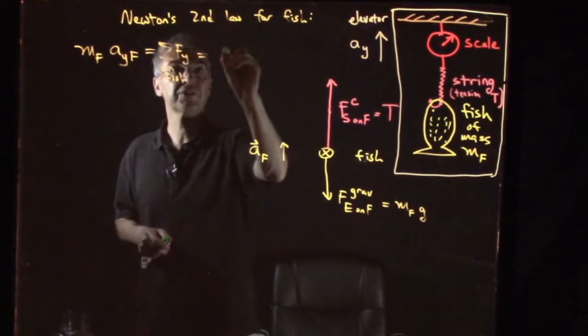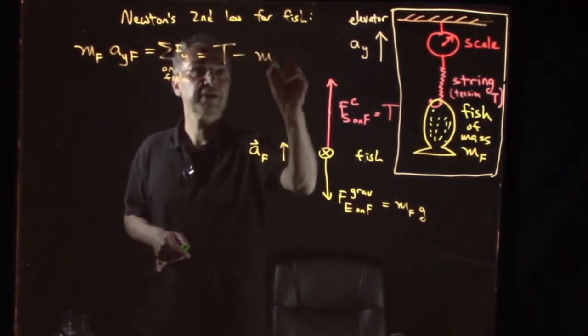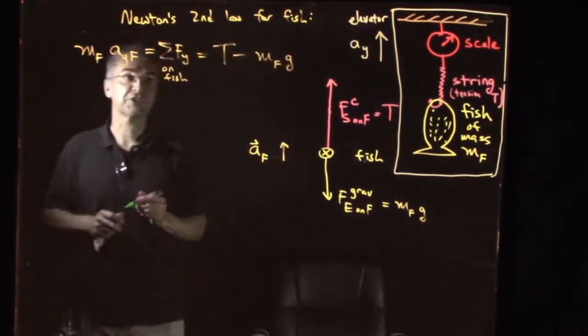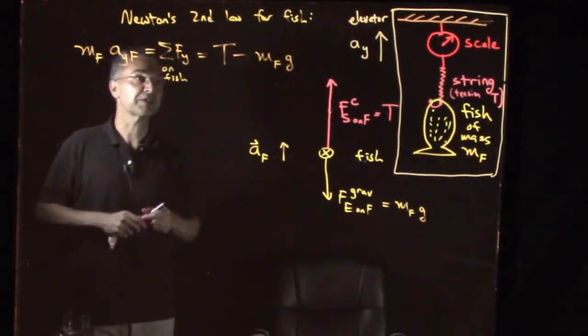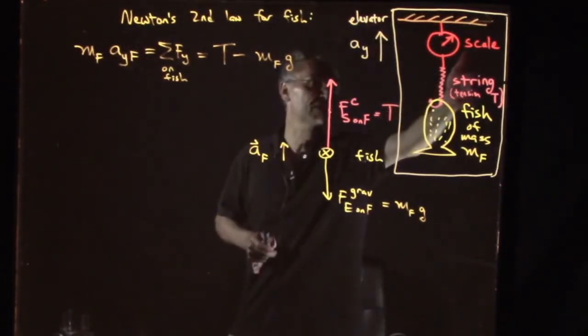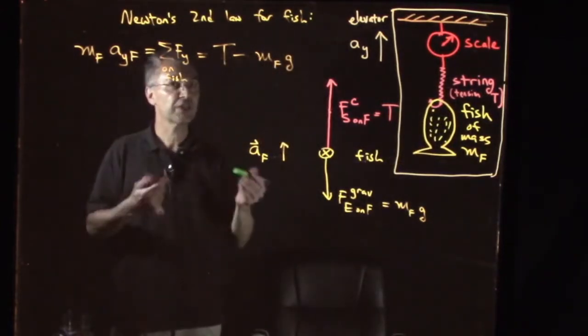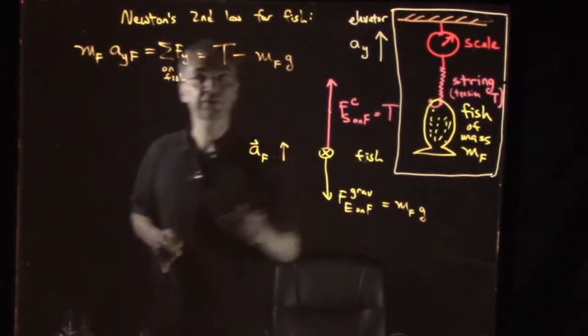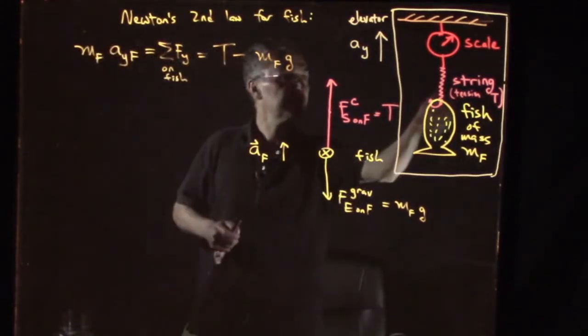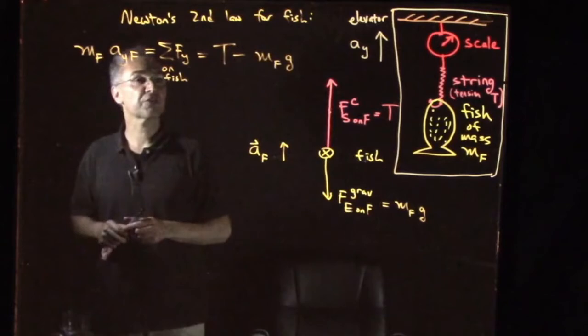That's the tension in the string minus the mass of the fish times g. And then you want to say, what does the scale read? The tension in the scale is basically the same as the tension in the string. The scale reads this tension, because the string just transmits the same force from one end of itself to the other. So that's the force on the scale.